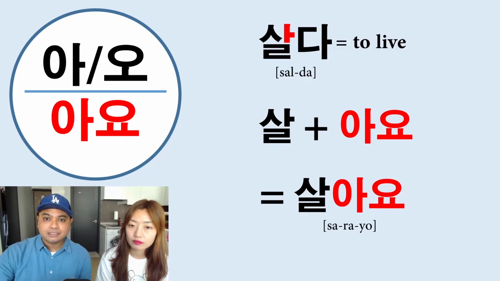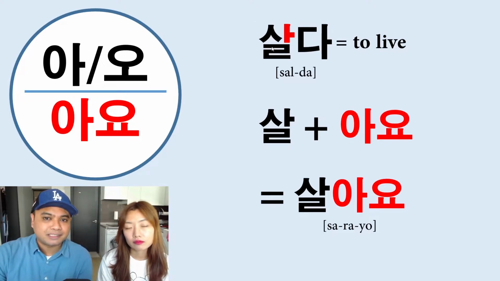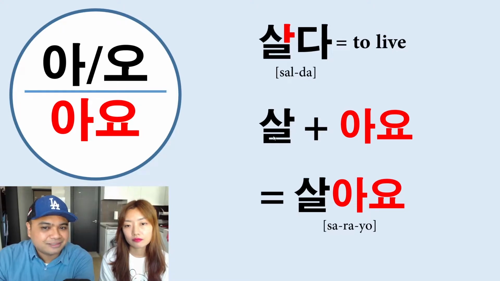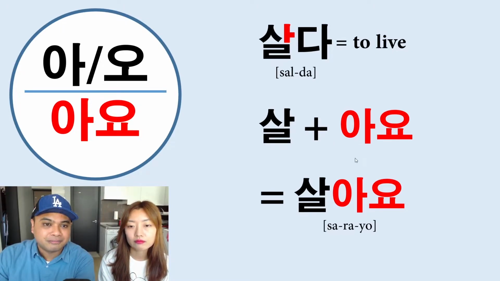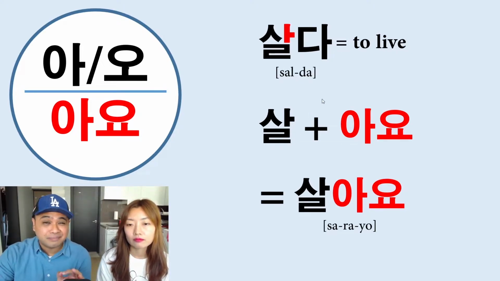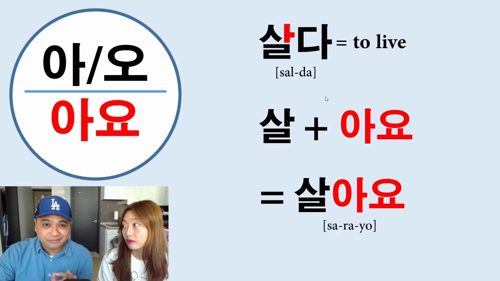Now, this is pretty simple because there's a consonant right here. When there's a consonant, it's super easy. You just add ayo, so it's sarayo. But there will be times when the verb doesn't end with a consonant, and then it becomes a little more difficult.